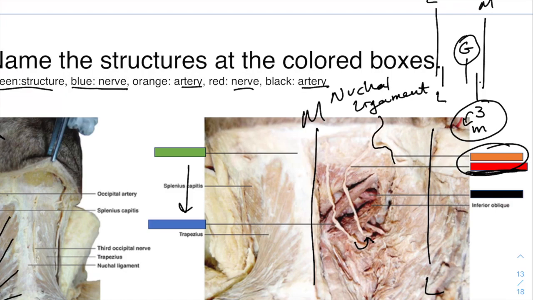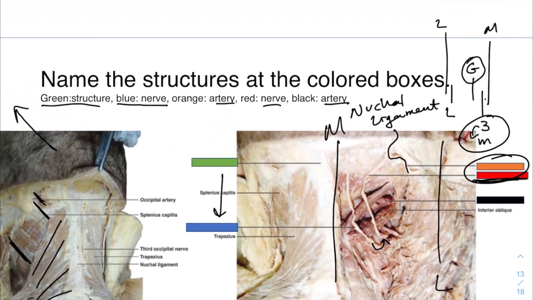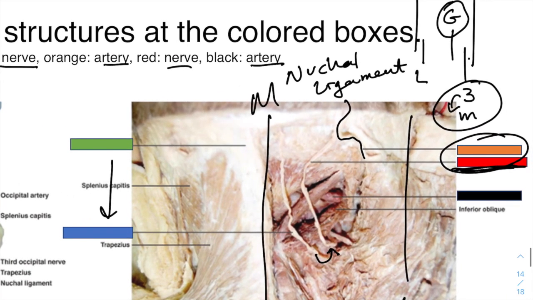If you see a superficial artery on the back of the head, you want to think occipital artery. That's 100% nothing else that's available on your structures list. There are really two main arteries that you need to know that are on your structures list: the occipital artery and the vertebral artery.